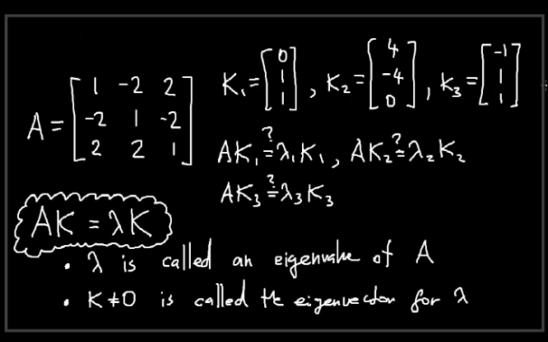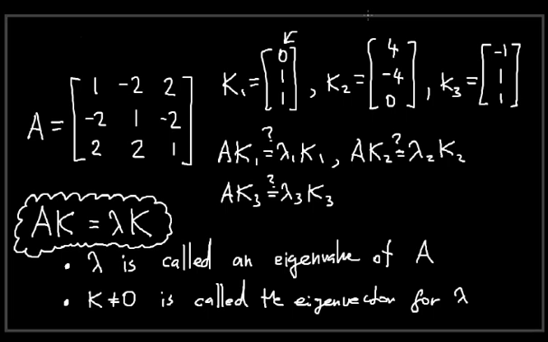For example, a zero vector can never be an eigenvector, but none of K1, K2, or K3 are zero vectors. There is a zero entry in K1, but that doesn't make K1 into a zero vector. A zero vector is the one that has all the entries zero. So all three vectors that we're given are legitimate candidates for being an eigenvector.